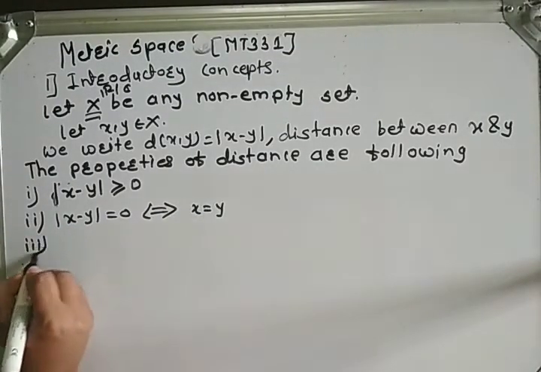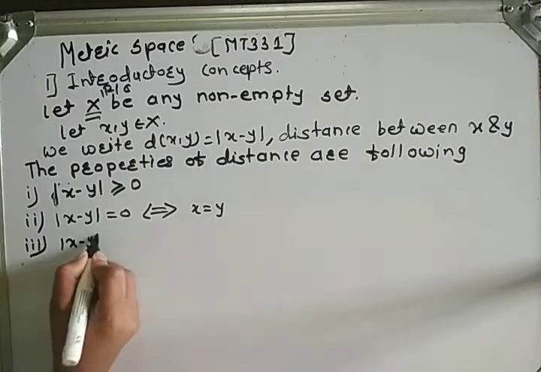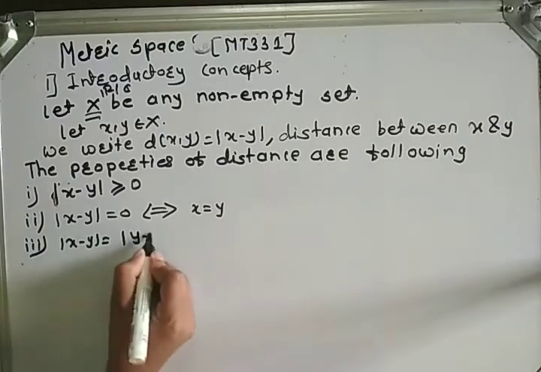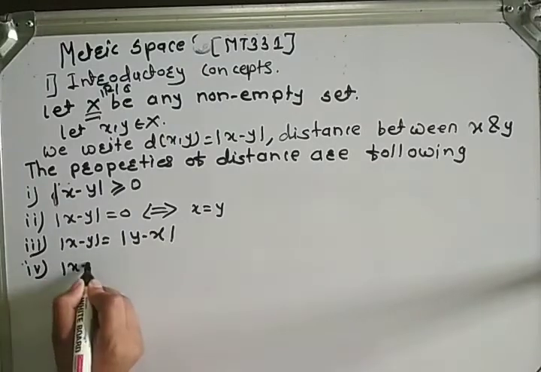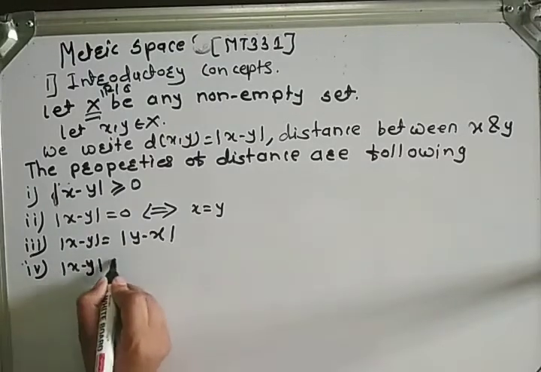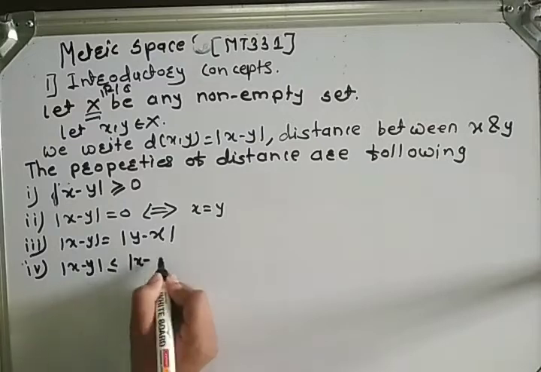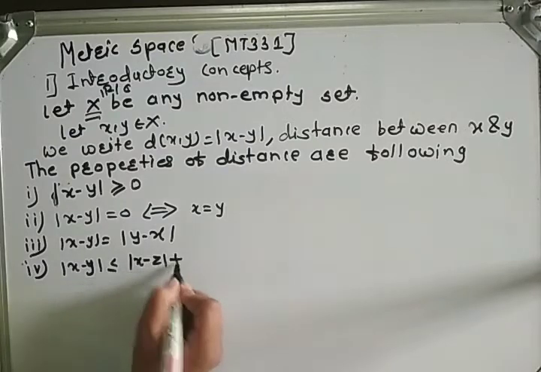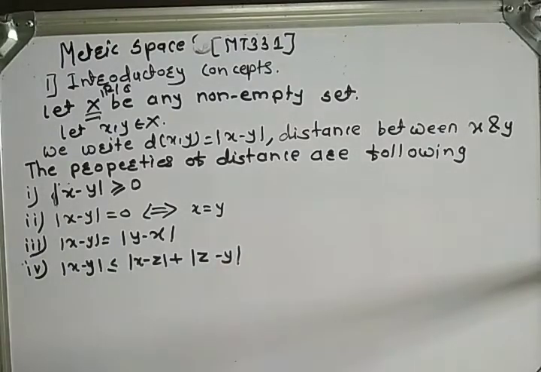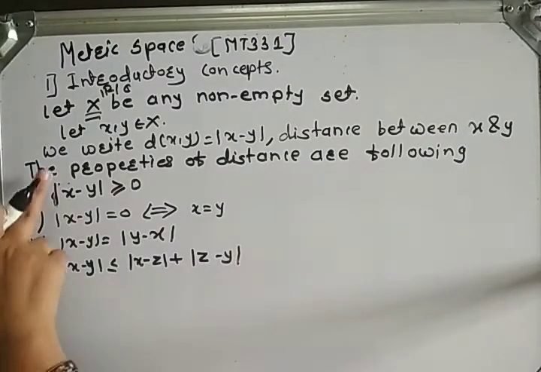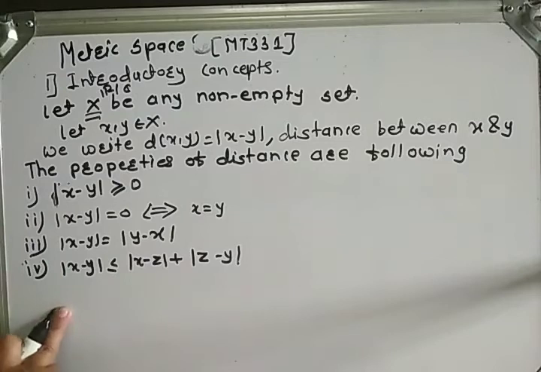The third property is mod x minus y is equal to mod y minus x. The fourth property is mod x minus y is less than or equal to mod x minus z plus mod z minus y. These are the four properties of distance.